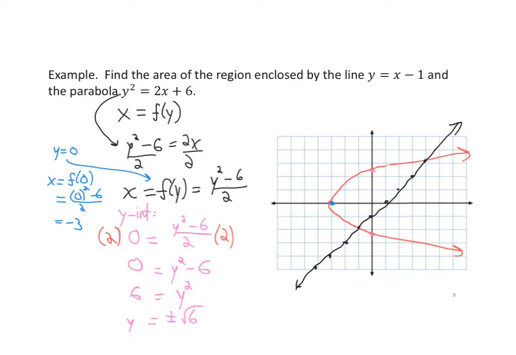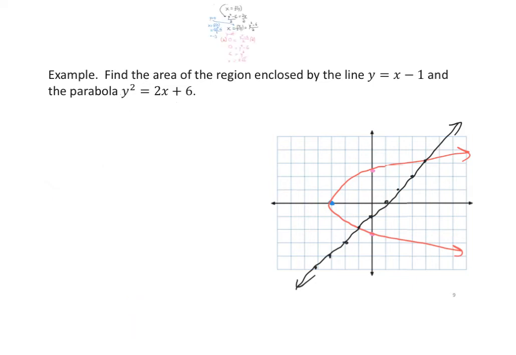Okay. So what we see is that there's two places where the line and the parabola meet. And, as much practice as I have graphing by hand, I can't trust that I know exactly where these points are just by looking at the graph. And that's why I have to do some algebra. So the question is, where do these two equations meet?